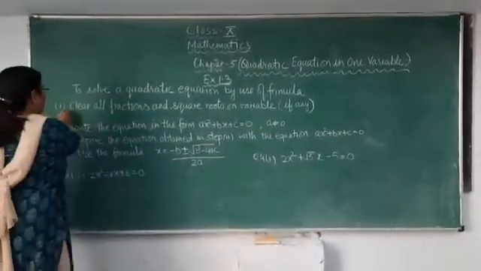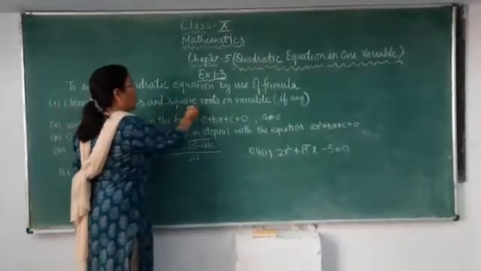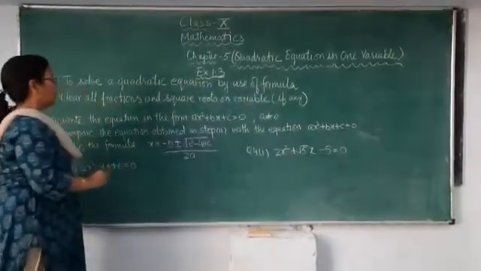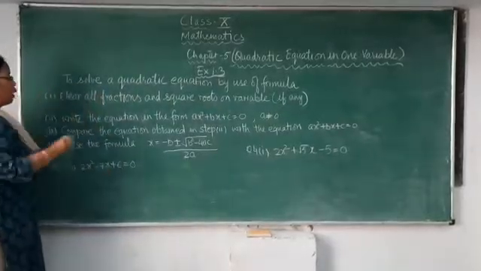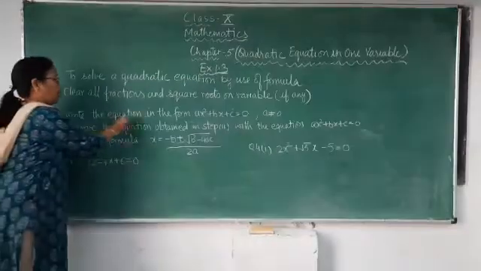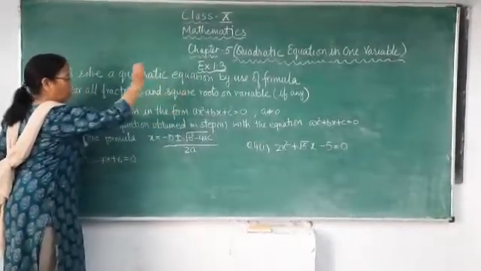Now here the first step is clear all fractions and square roots on variable if any. If any root sign is there, if any fraction is there, you have to remove it and write the equation in the form of ax square plus bx plus c equals to 0.